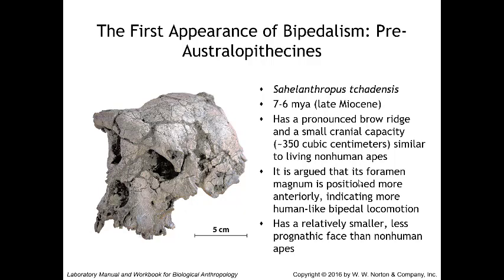It is argued that its foramen magnum is positioned more anteriorly, which indicates more human-like bipedal locomotion. Sahelanthropus also has a relatively smaller, less prognathic face than non-human apes. So this mixture then of facial and bipedal traits, as well as the early date for Sahelanthropus, suggests that it may have been the earliest member of the lineage split from humans and other apes such as chimpanzees.